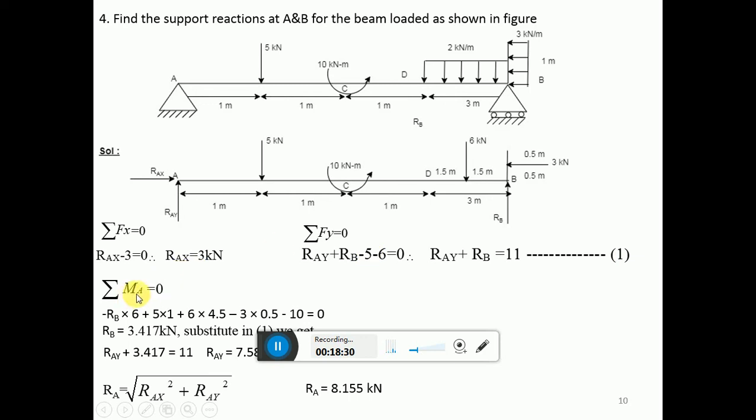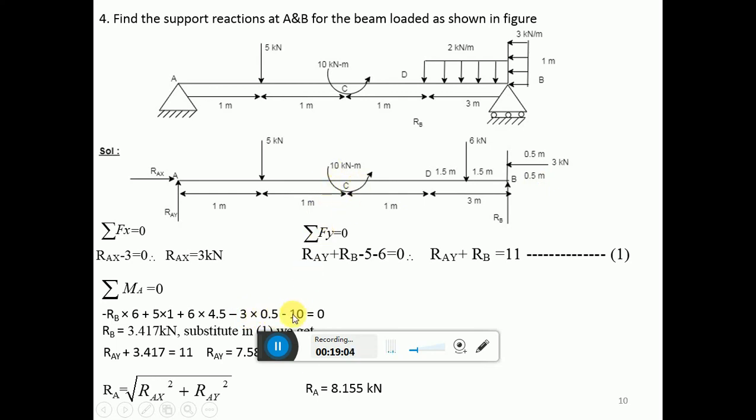Next one is summation moment about the point A is equal to 0. 5 into 1 plus, this is in the anti-clockwise direction, so it is minus 10. 6 clockwise, so it is 3 plus 1.5, 4.5. 6 into 4.5 plus 3 in the anti-clockwise direction, so minus 3 into 0.5.